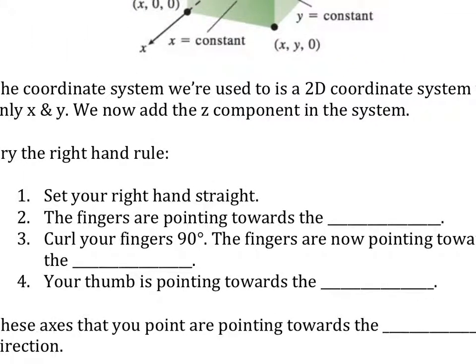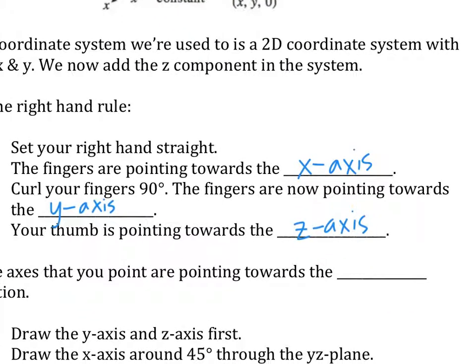Set your right hand straight. The fingers are now pointing towards the x-axis. Curl your fingers 90 degrees. The fingers are now pointing towards the y-axis. And then your thumb is pointing towards the z-axis.